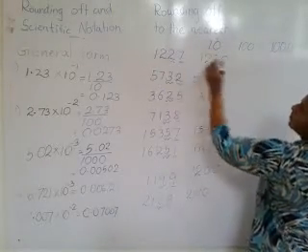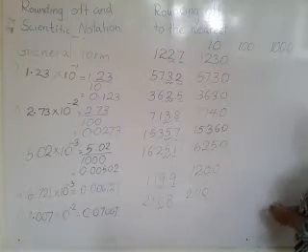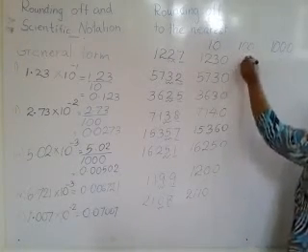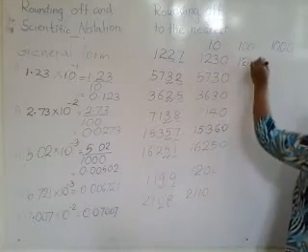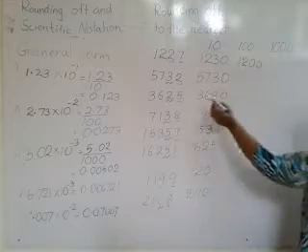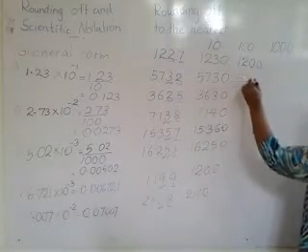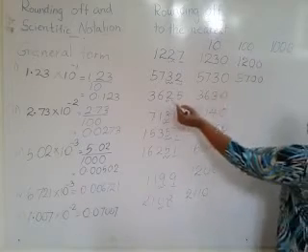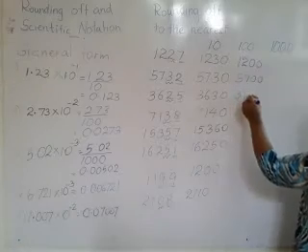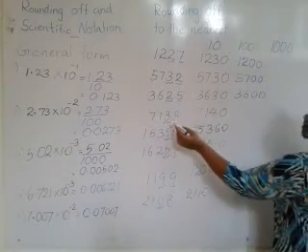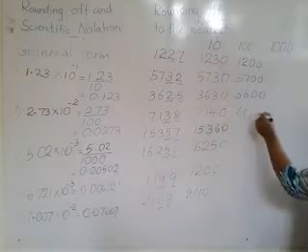It is 12, no change, and put 2 zeros. Here no change, 57, 2 zeros. Less than, so no change, 36, 2 zeros. Less than, so no change, 71, 2 zeros.